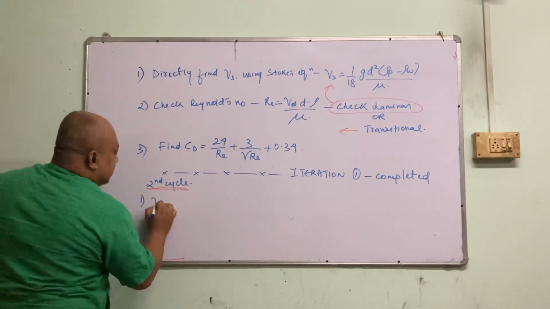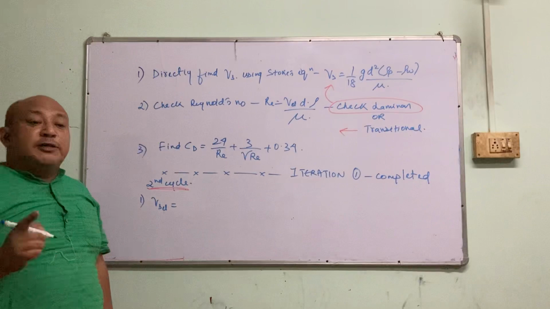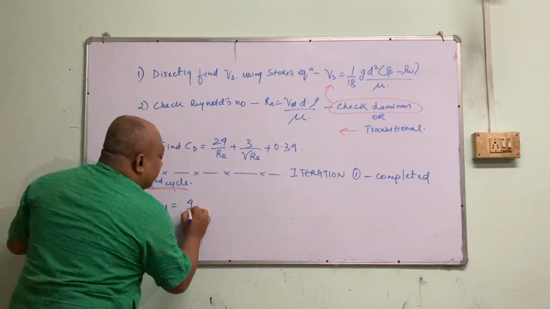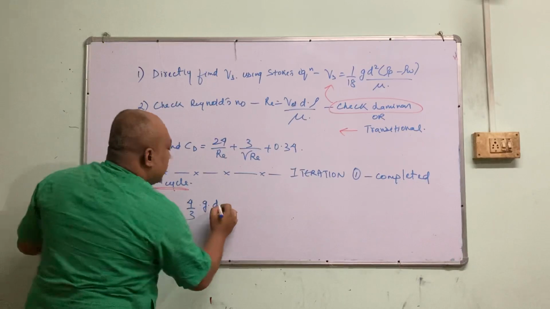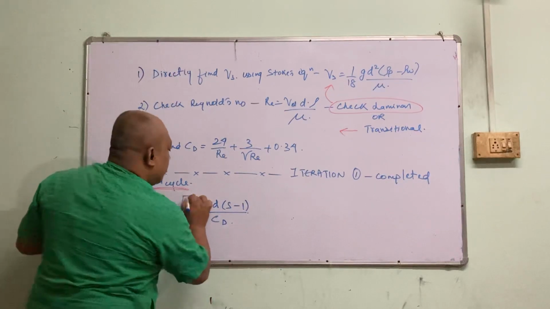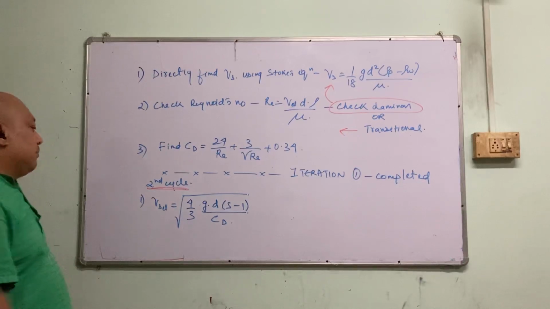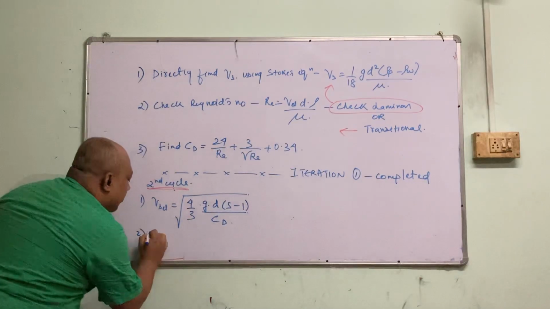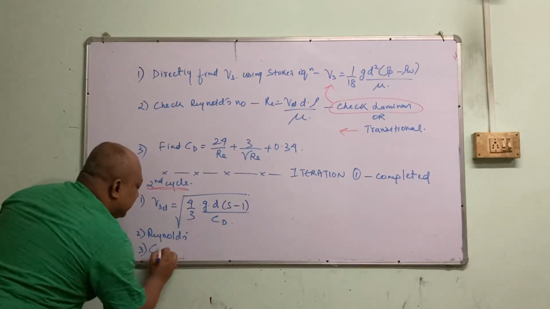You can find the settling velocity, but this time the settling velocity is not by Stokes law. It should be the terminal velocity formula: root over 4 by 3 g d, s minus 1, divided by CD. I'm not putting a square; I'm doing a different style to purposely confuse you. By using the settling velocity number 2, you have to check Reynolds again, then you have to find CD.